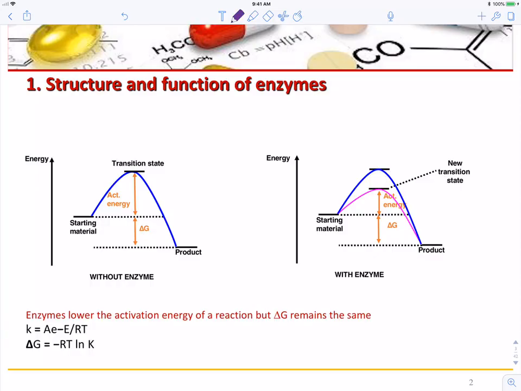In other words, they affect the kinetics, but not the thermodynamics of a reaction. And so this is the formula for the free energy, which is looking in this reaction coordinate as the difference in energy between starting material and products.